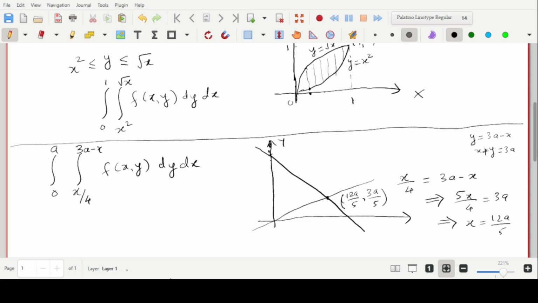It is 2.4a. So this is a, this is 2a, and this is 2.4a. The situation is something like this. So a is here, and we are allowed to vary x only from 0 to a.